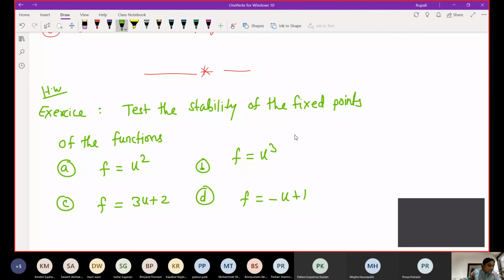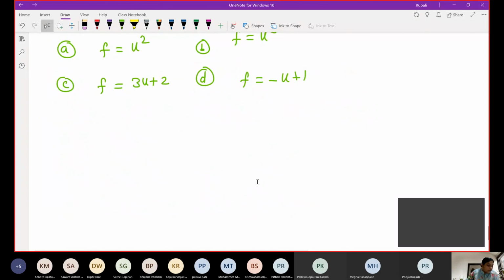So first you have to find fixed points and then you have to check whether they are stable or asymptotically stable.